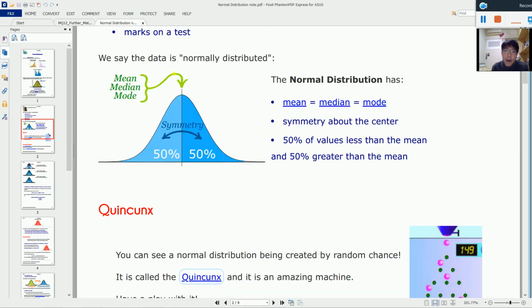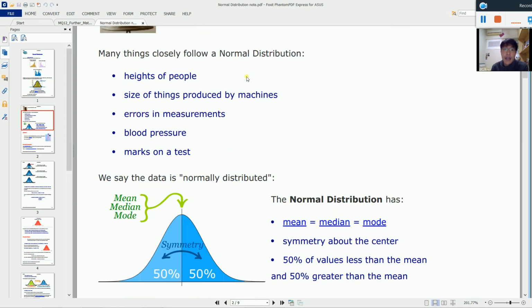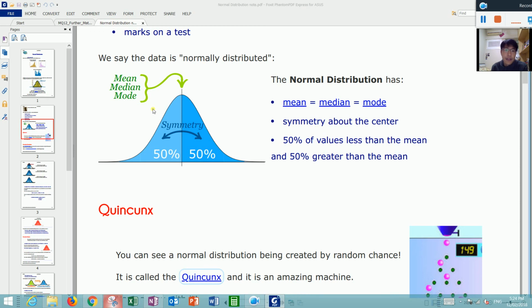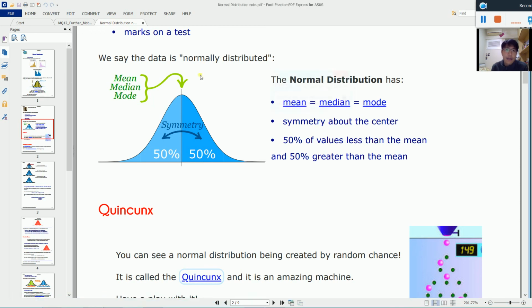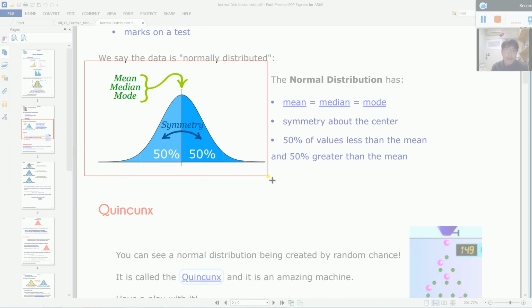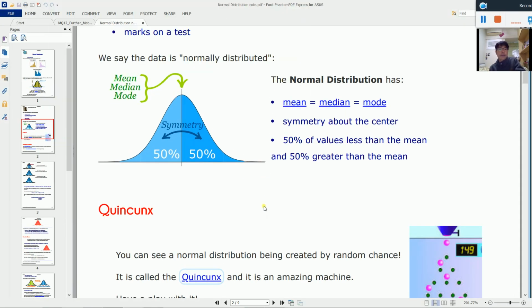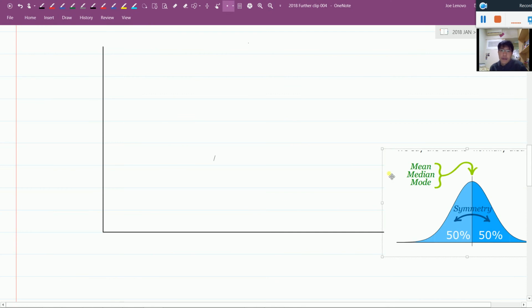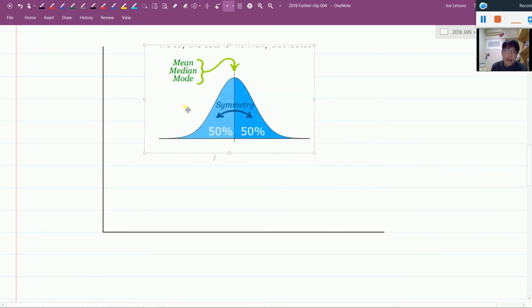It's also in the Dropbox. If you find the Dropbox, there will be a file called Normal Distribution Notes. I'd like you to go through it yourself. And first, I'd like you to look at this bell curve. If I just crop a picture here.